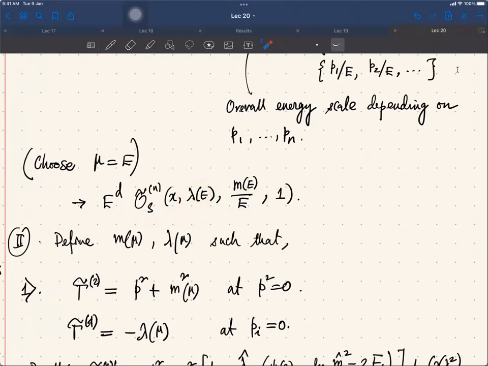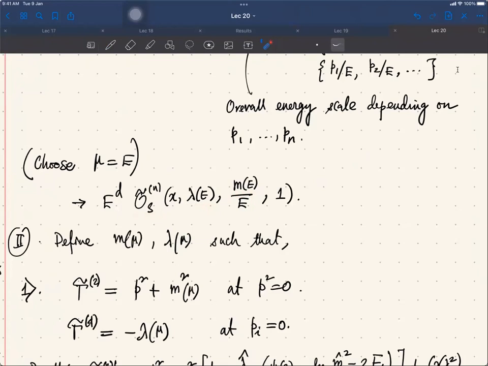So you truncate that, which means you are working at a particular level of approximation. But within that level of approximation, you can certainly calculate the relation between the renormalized couplings and the observable.